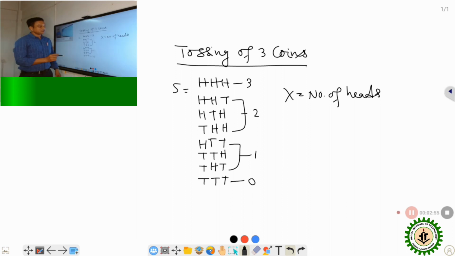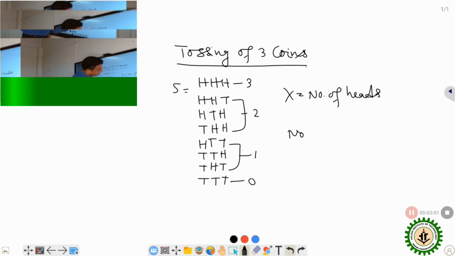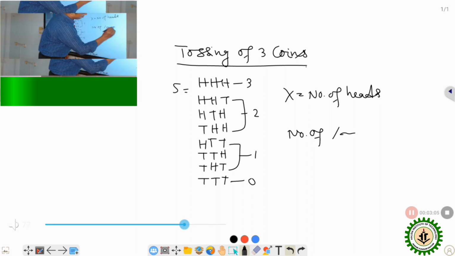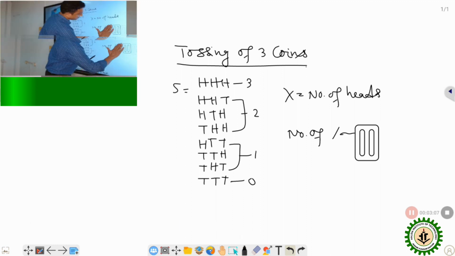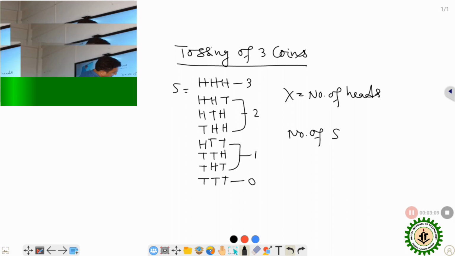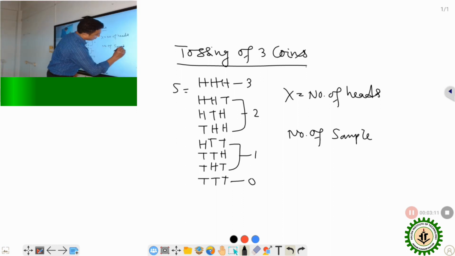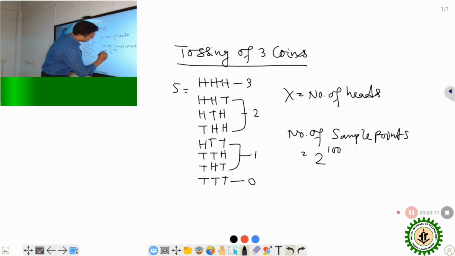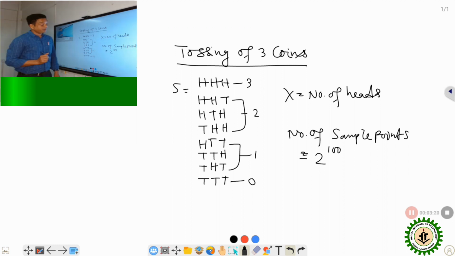Now if you understood this one, say we are tossing a coin 100 times. Then the number of sample points equals 2 to the power 100. 2 to the power 100 means a very big number.